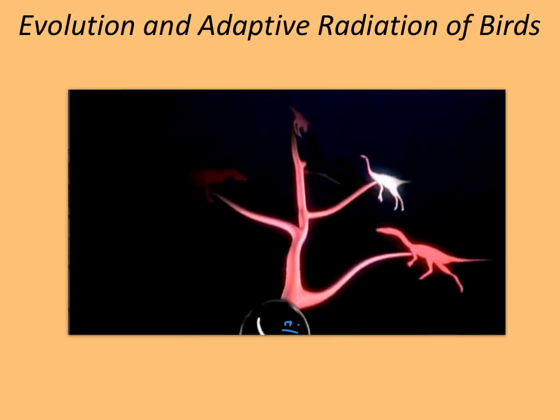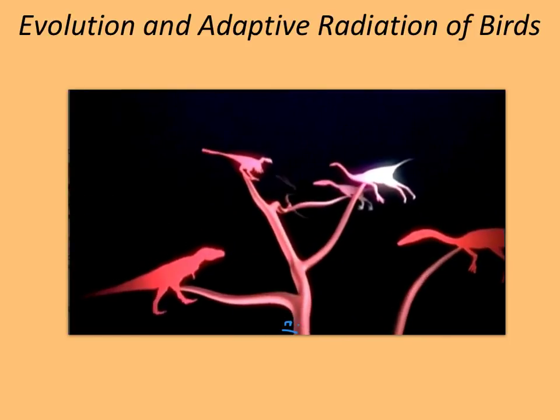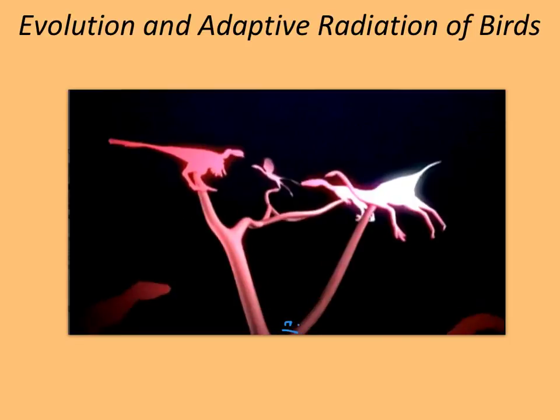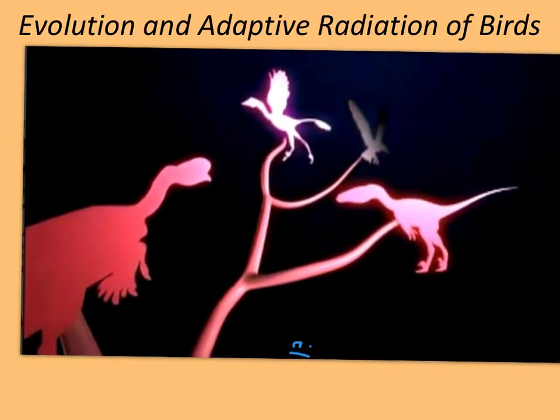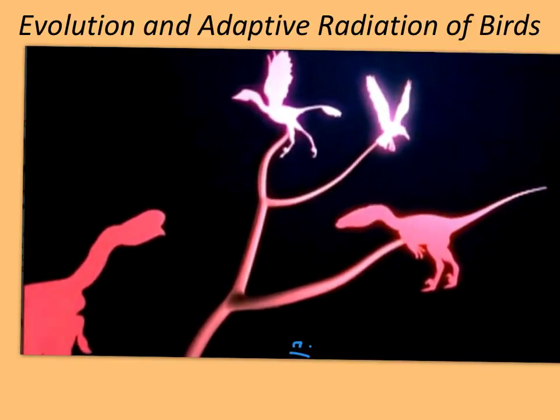Each new feature was passed along to the descendants. Finally, a branch led in one direction to Deinonychus, and in the other to Archaeopteryx and birds.